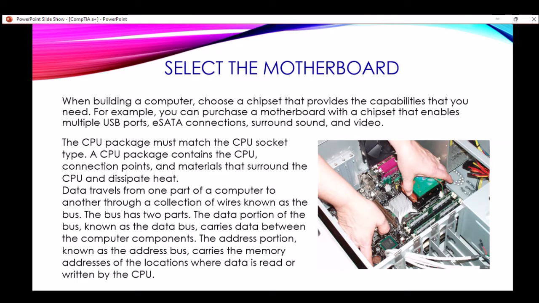When building a computer, choose a chipset that provides the capability that you need. For example, you can purchase a motherboard with a chipset that enables multiple USB ports, eSATA connections, sound cards and video cards.